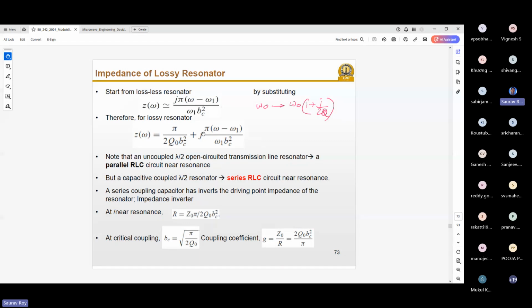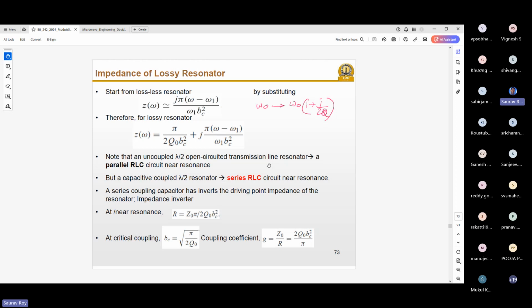But when you add this capacitive gap and calculate the impedance, it behaves as if it were a series RLC circuit. So this capacitive gap acts like an impedance inverter. That you should remember.